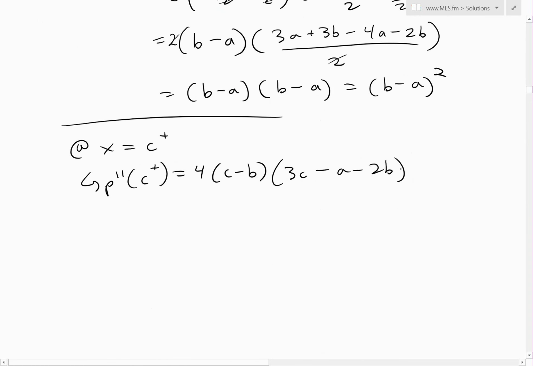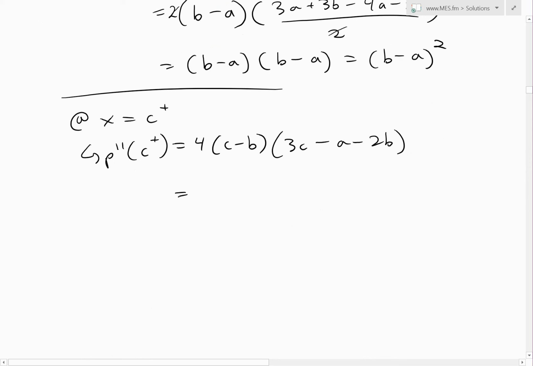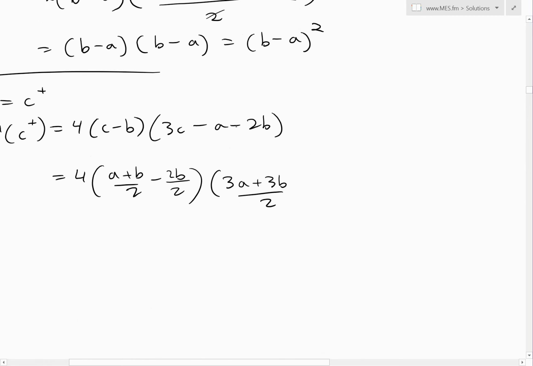So we have that, this equals now 4 times (a plus b over 2 minus b), I'll just do this quickly, times common denominator, 2 over 2, and then this is going to be again 3a plus 3b over 2, and then this part here, the common denominator, this is going to be 2a over 2 minus 4b over 2.